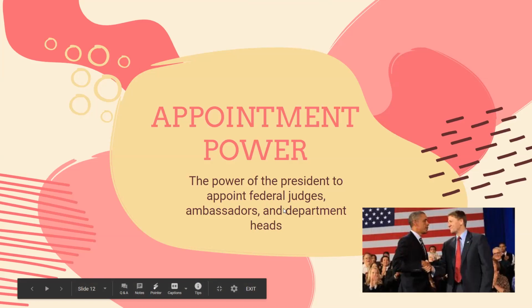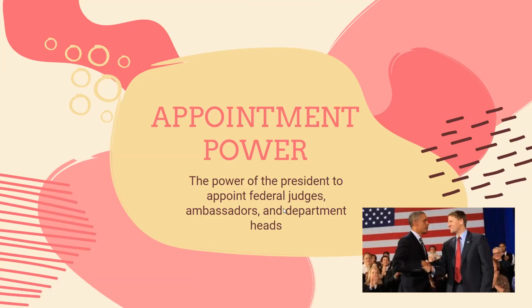I don't remember which one, but if you remember in last week's lesson, the Senate has power to confirm or deny federal judge appointees. So when a president appoints a federal judge, ambassador, or department head, the Senate votes on whether that person is. No, I think it's actually just federal judge, but the Senate votes on whether that person is fit for the job.